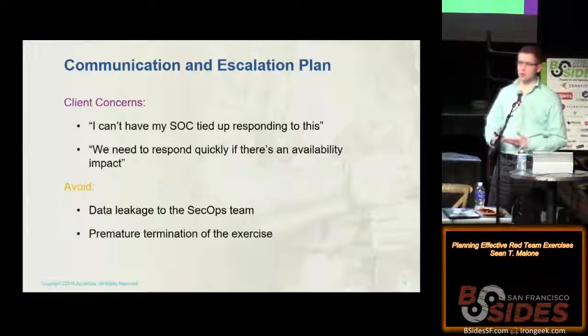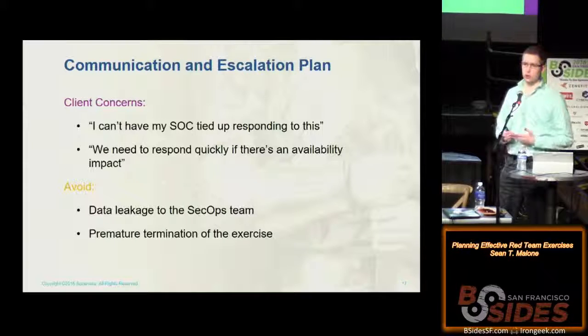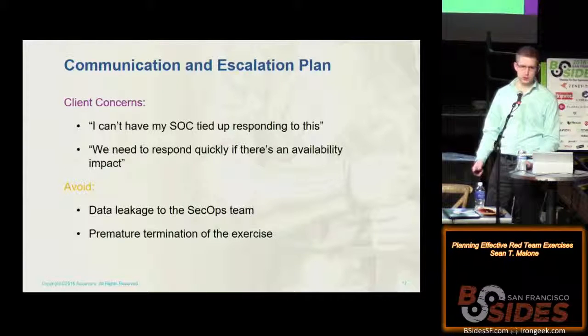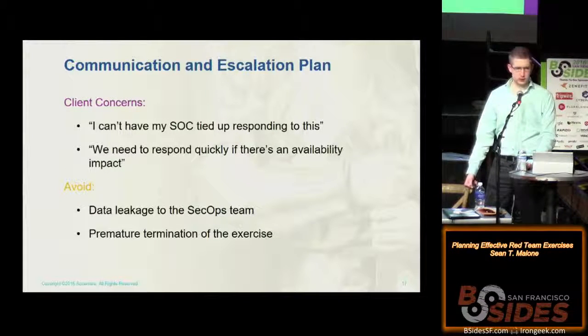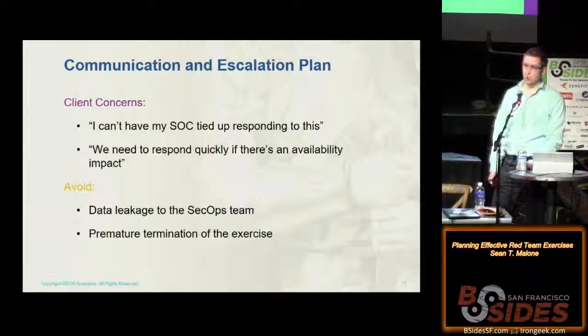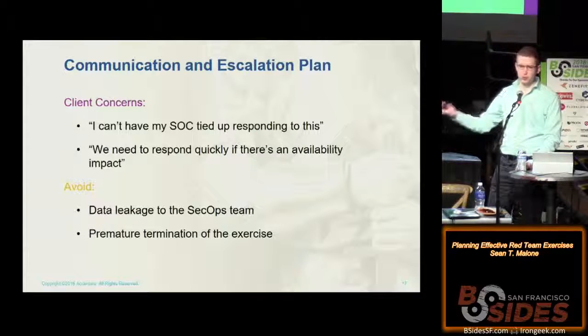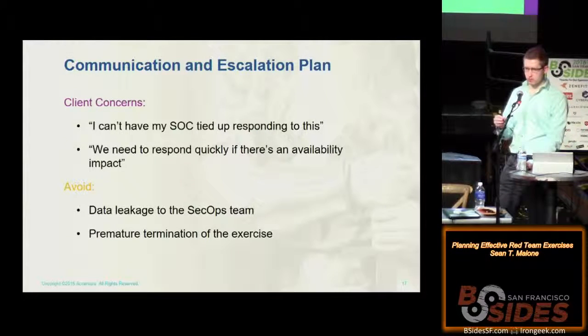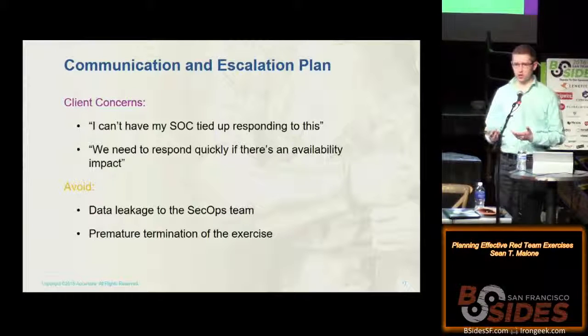We're actually under attack. We need all hands on deck dealing with the real incident. We're going to pull the plug on the adversary simulation, end that exercise, notify the security team that that was an exercise so that we can focus on this real malicious attack. We've seen that happen. It's pretty rare, but we need to make sure that we have all of this documented ahead of time.